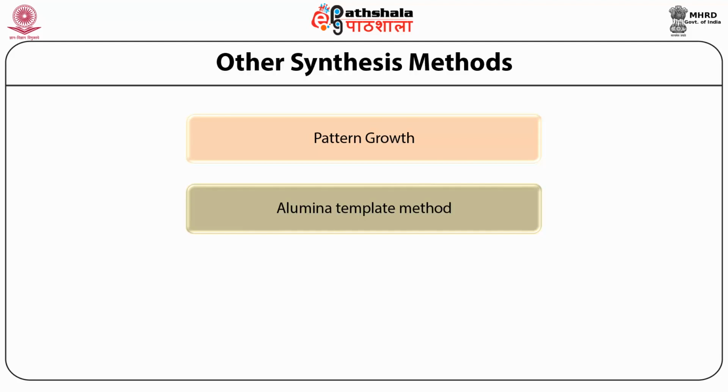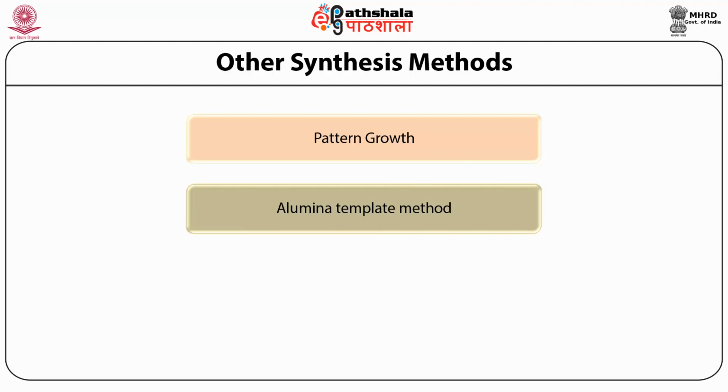One can put any metal nanoparticle or anything of desired need inside the tube. For example, you can put platinum or nickel, which act as catalyst particles and are used in fuel cells or many other energy applications. So the alumina template method is very useful for growing different kinds of nanotubes and can be used for many applications.